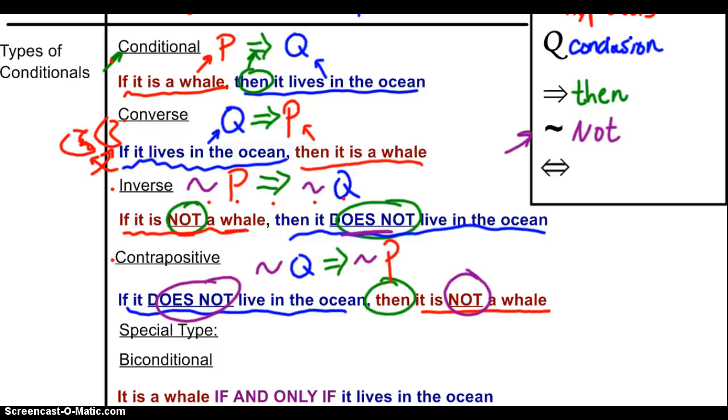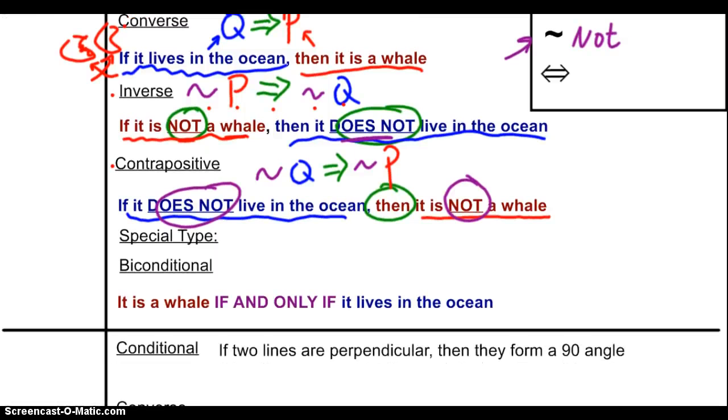We've got one other kind of conditional. It's called a biconditional. A biconditional has our hypothesis and our conclusion, and it uses this phrase, if and only if. That phrase is meant to show that, well, let me just read it. It is a whale if and only if it lives in the ocean. That means this is no longer cause and effect.